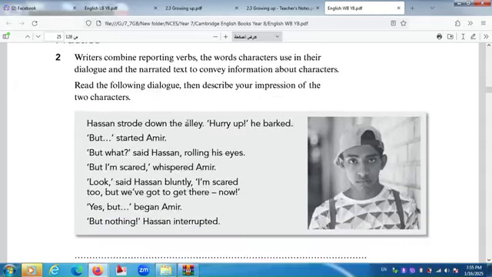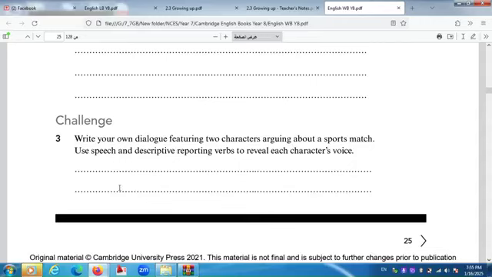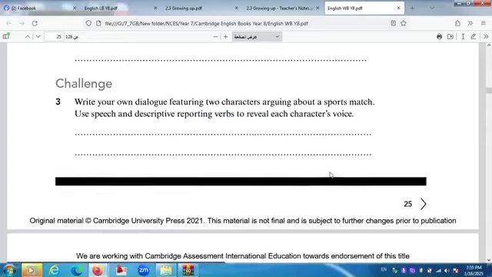I need you to describe the impression of the two characters according to the reporting verbs, said, whispered, and interrupted, and so on. And then you have the challenge, which is to write your own dialogue featuring the two characters arguing. You have to use descriptive language and you have to use reporting verbs in order to reveal the characters' voices.